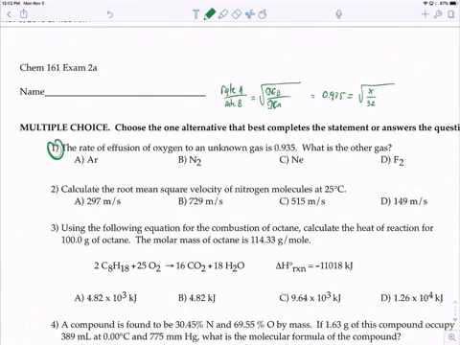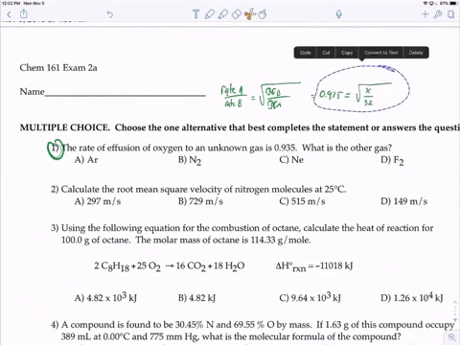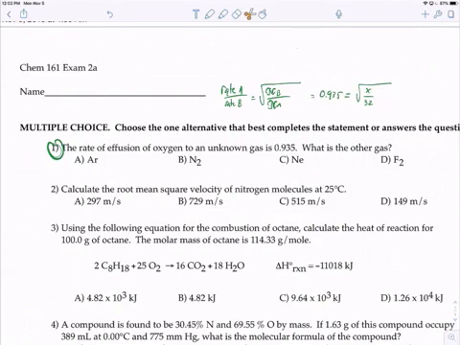So how you do this, you solve for this, is you square both sides, and then multiply by 32. It's 28. It's nitrogen. So you get how to do this. This is Graham's law of diffusion.